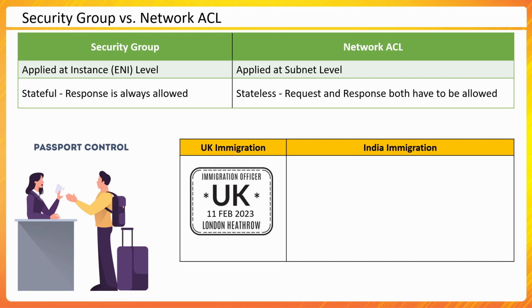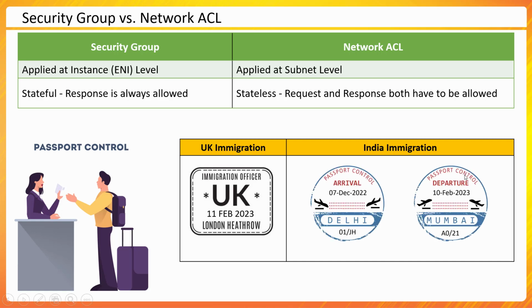No immigration check is required while departing from the UK, but in the case of India, things are different. In India's case, you would have to go through immigration on arrival and you have to go through immigration on departure also. So in both directions, there is a check happening whether this person should be allowed to go out or not. So UK immigration is stateful.